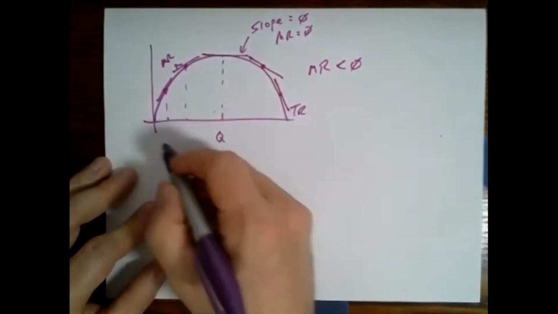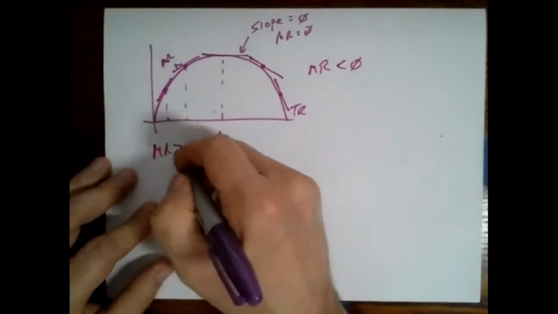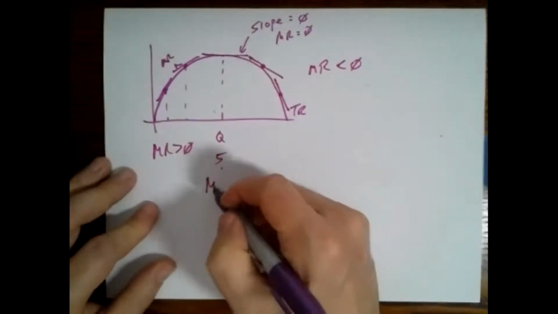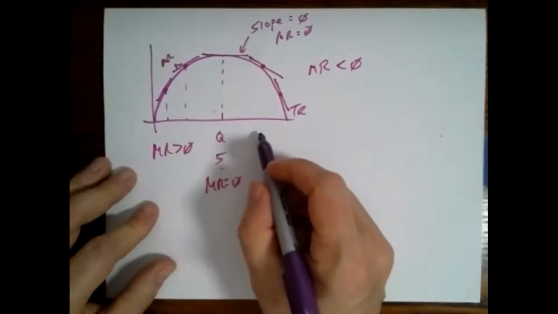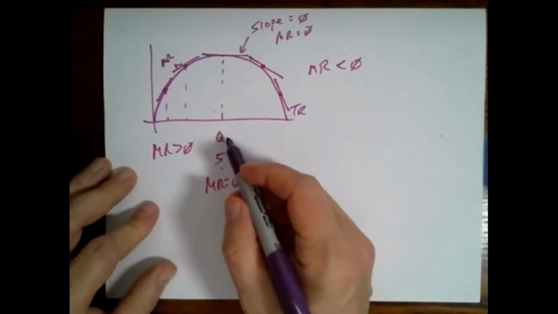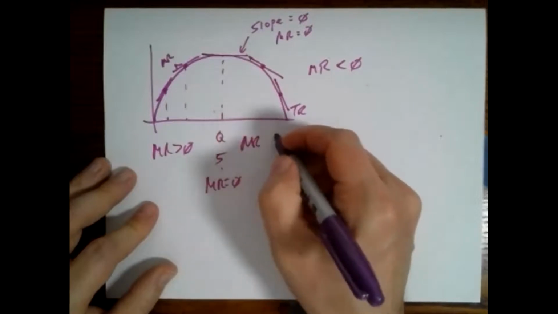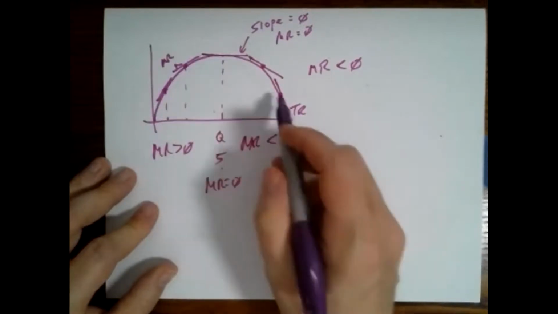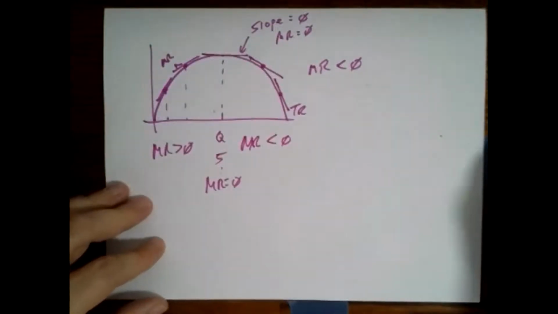So as we approach the peak, marginal revenue is greater than 0. At the peak, marginal revenue is equal to 0. And once we cross the maximum quantity, the quantity that generates the maximum total revenue, then marginal revenue is going to be less than 0. So it's going to start going down progressively. Okay.